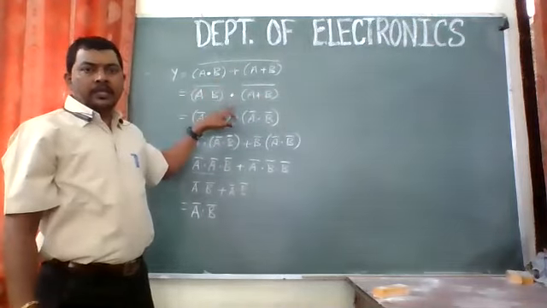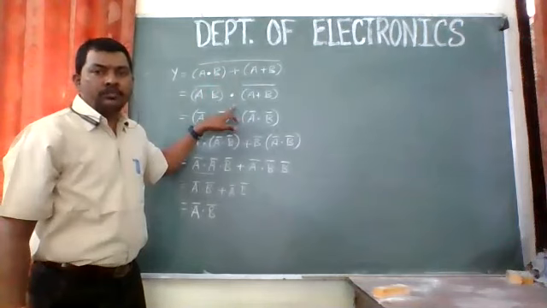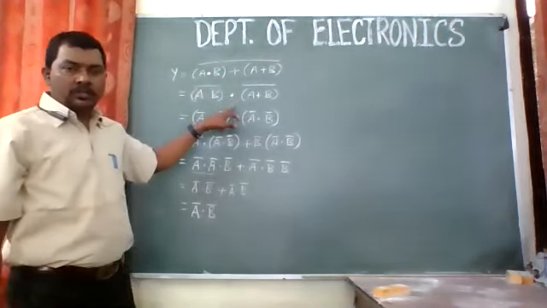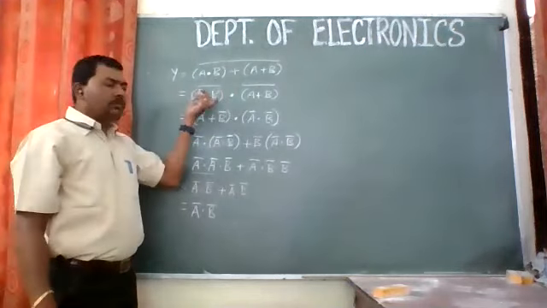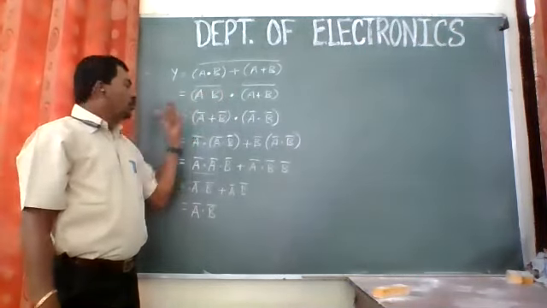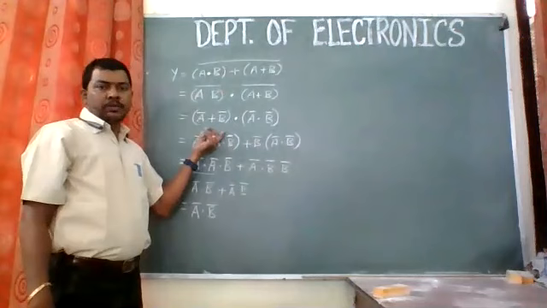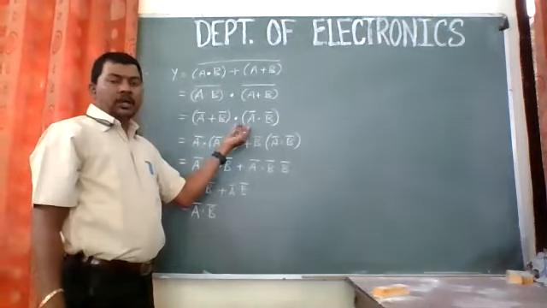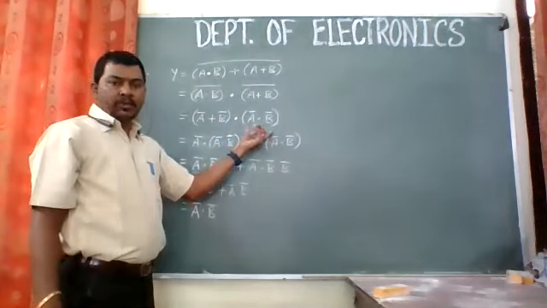The complement of the sum is equal to the product of the complements. So this is De Morgan's theorem. Then again we have reduced this to A complement plus B complement, and then again by using De Morgan's theorem as A complement dot B complement.